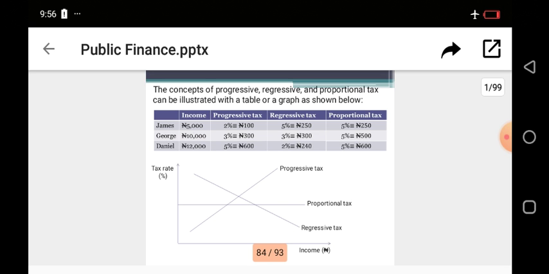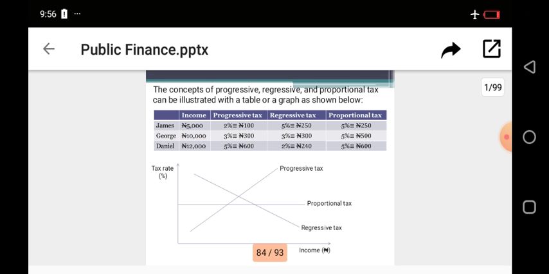But if it's regressive, it's the other way around. The person with the highest income pays a lower percentage. We've done the calculation there already, which you can see. Proportional is just 5%. So this diagram altogether shows the diagrams I've shown individually.